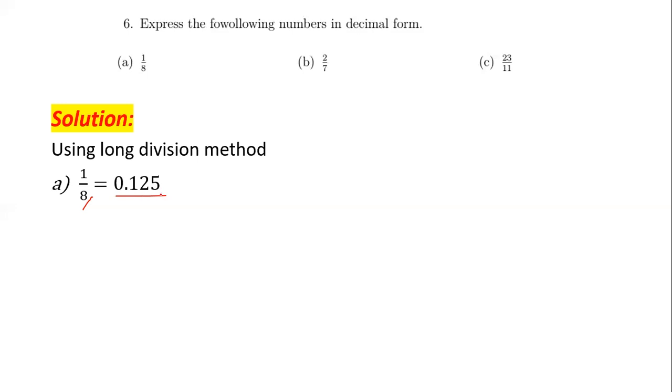Similarly for b, if we divide this one by 7, we have 0.2857, which is a repeating decimal. And lastly, c, that is 23 over 11, is 2.09, where 0 and 9 are repeating digits.